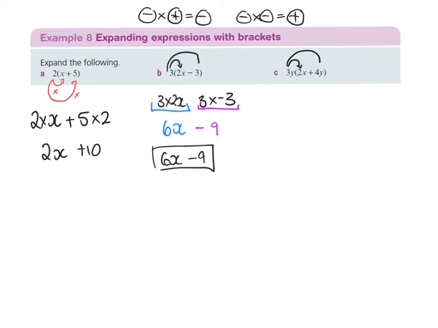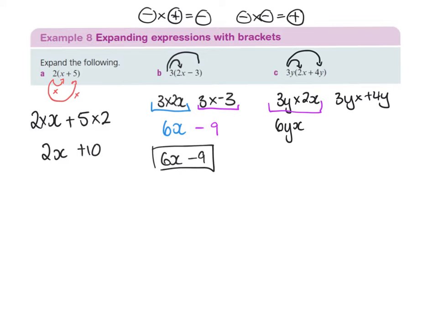Alright, so now let's go up to this one. We've got to multiply everything on the outside with the inside. So first I've got 3y times 2x. Then I've got 3y times positive 4y. Okay, so do this bit first. What's 3 times 2? 6. And what's y times x? We just write yx, good.